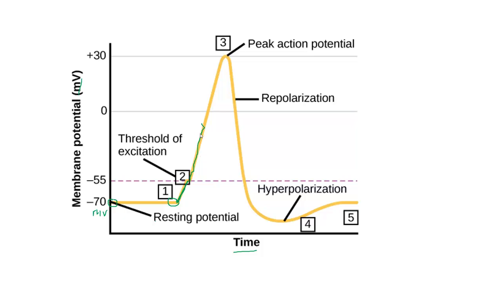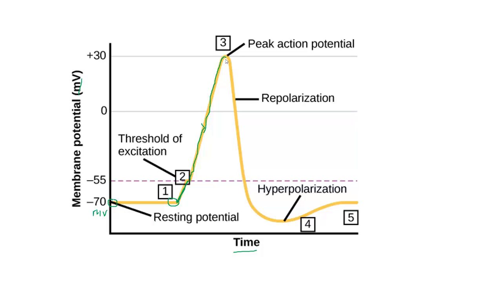From negative 70, it has now gone up to 0. It's getting into the positive. There's so much sodium entering the neuron that the membrane potential has changed from negative 70 to plus 30 millivolts. The membrane potential of plus 30 millivolts is called the peak action potential.